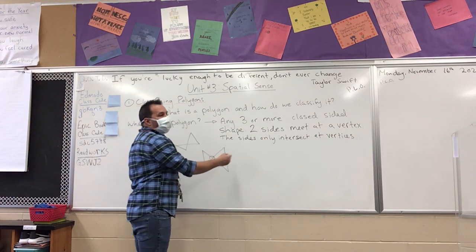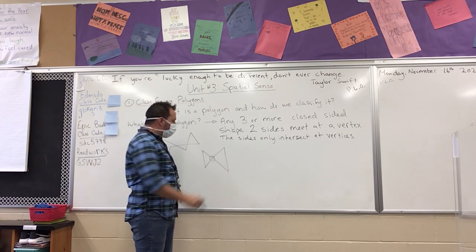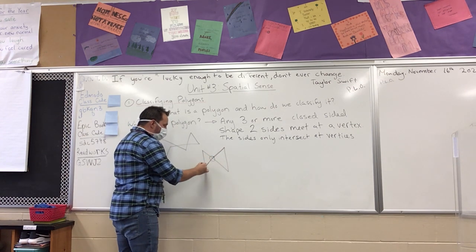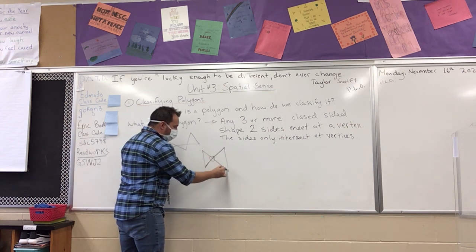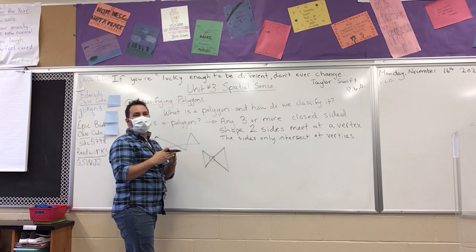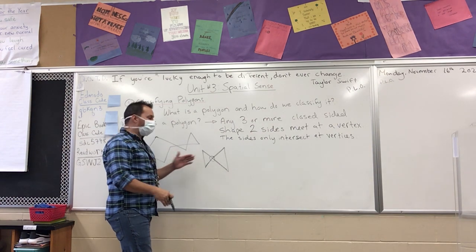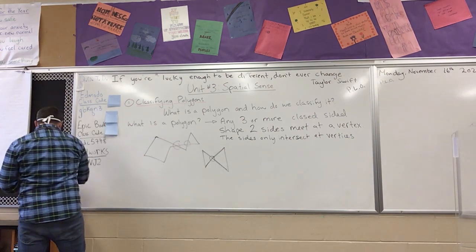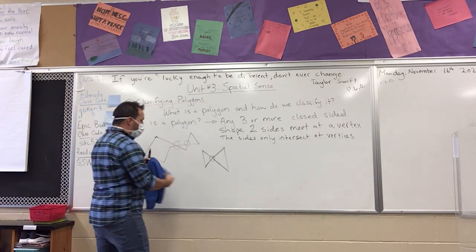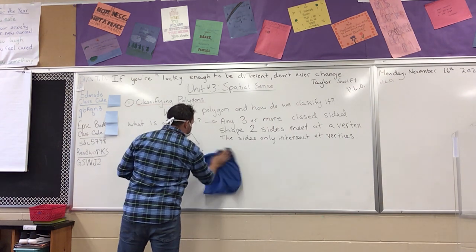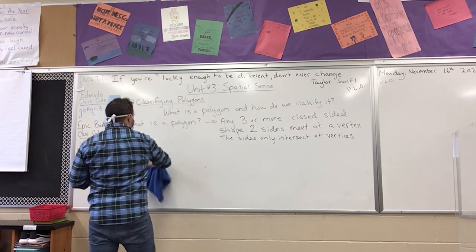So it's not actually considered a polygon, because this line segment here, or side, ends up intersecting and going through as opposed to stopping at a point as a vertex. Okay? So when we have those intersecting lines, it lets us know it's not an actual polygon. All right. So that's the first question.